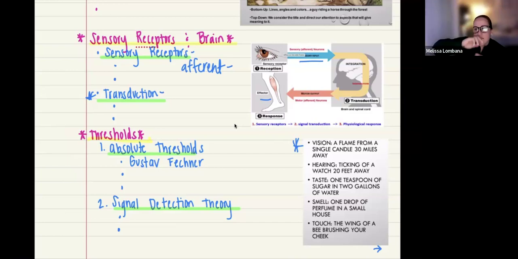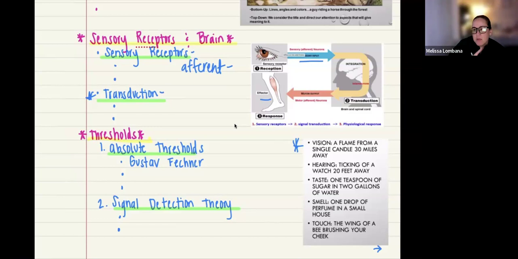I would say 30 miles away is from like our school to Broward. However, there has to be absolute darkness. There can't be any other light, but they say we could see one flame from a candle 30 miles away.